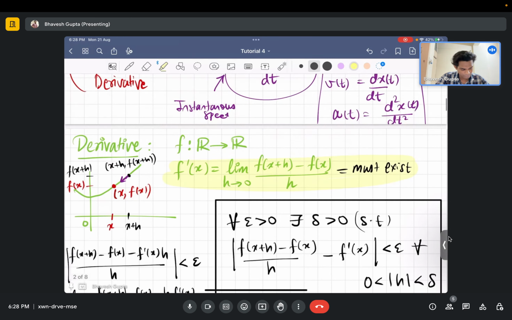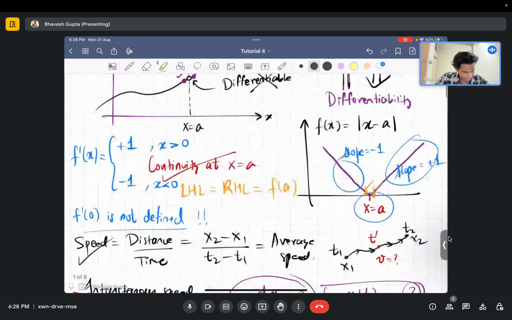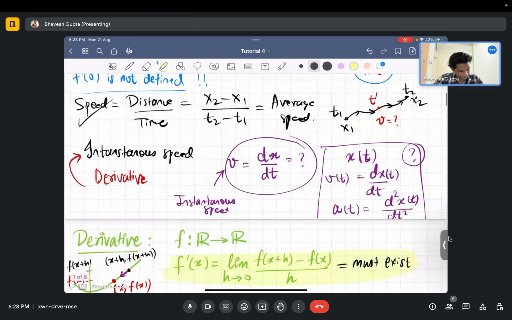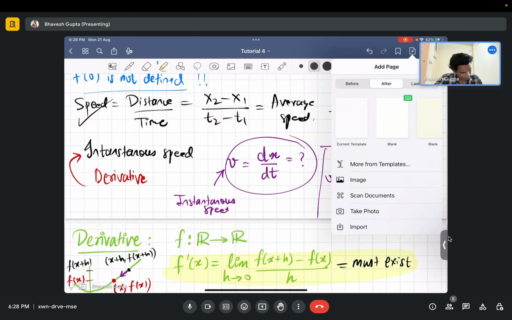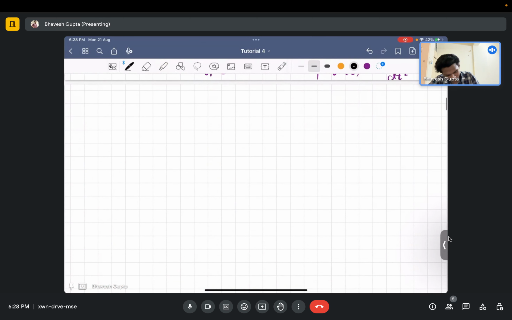Like for example, in this case itself, no, let me write another diagram here. Let me first tell you what you mean by average versus instantaneous.